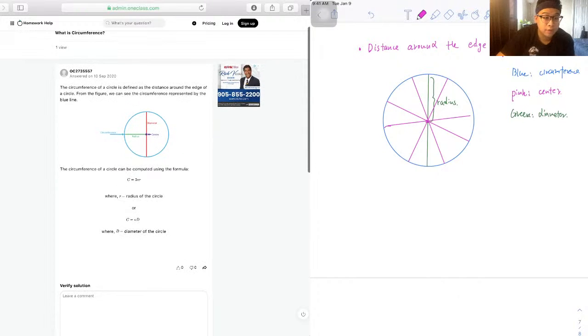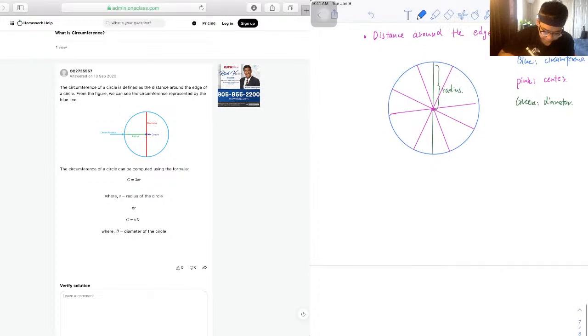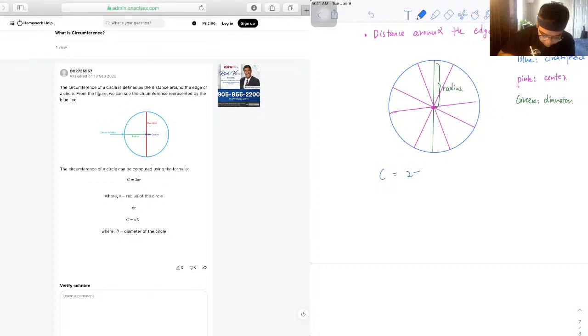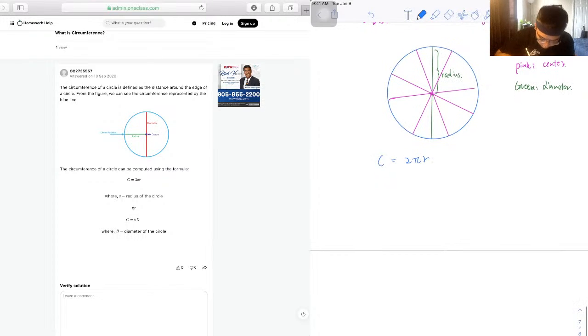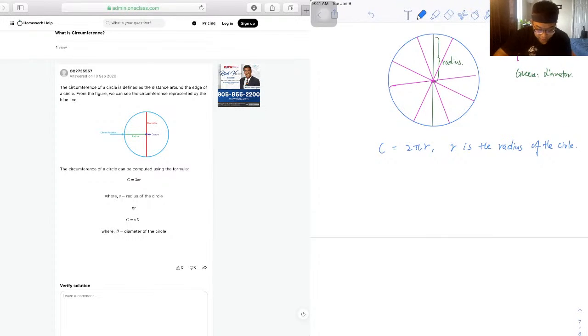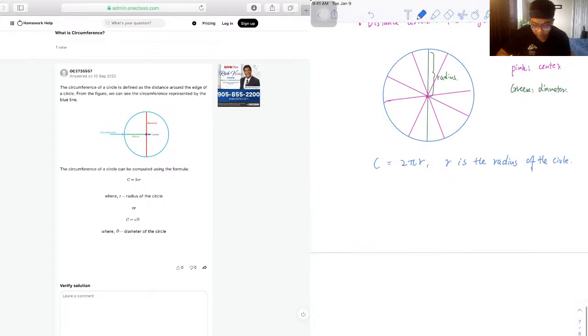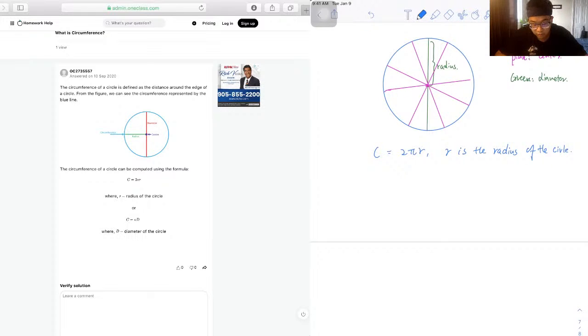So the circumference of a circle can be computed using the formula. Let's write it down here, which is C is equal to 2 pi r, where r is the radius of the circle. And notice that, as we mentioned before, half of the diameter will be our radius, which means 2 times our radius will get a diameter.